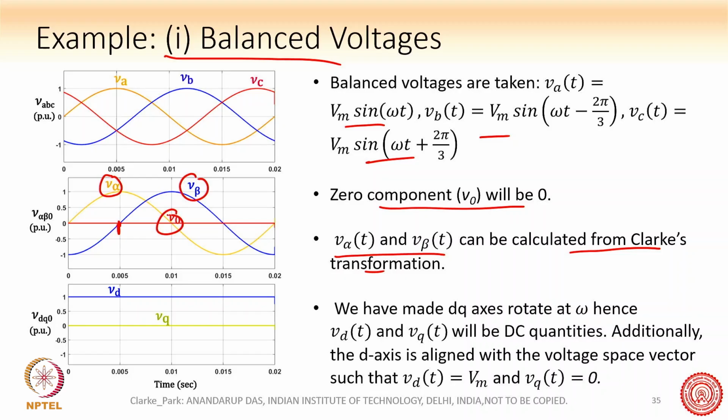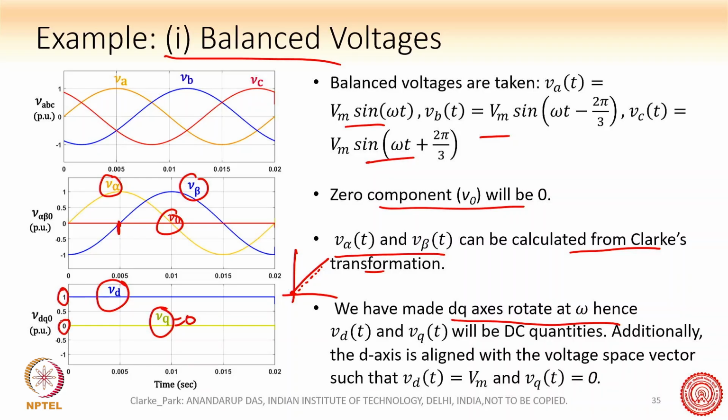V0 is equal to 0, and now we have made the DQ axis rotate at omega speed, and it is aligned to the alpha axis. In this case we have aligned the D axis to the voltage space vector, so here is the space vector, and the D axis is on the same thing, so VD is equal to 1, but VQ is equal to 0.